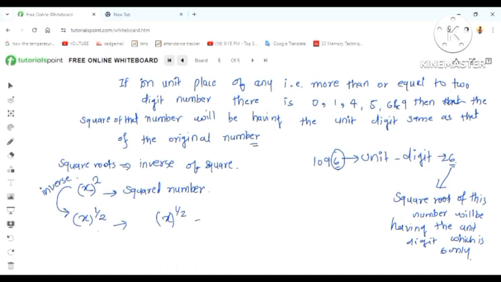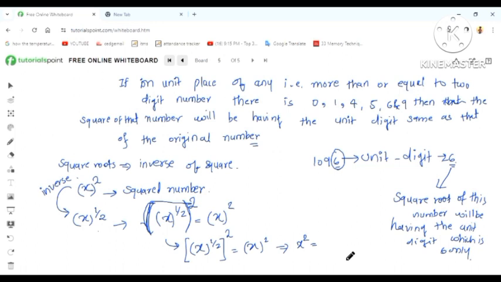If you take the square of this number, x raised to 1 by 2, this is a square root actually, you get x square is equal to x raised to 1 by 2 into 2, which cancels out, and you get x is equal to x square, which is not right.